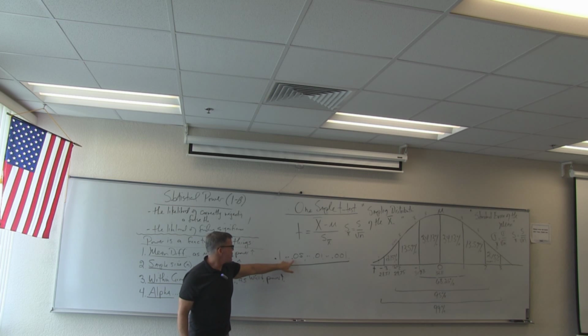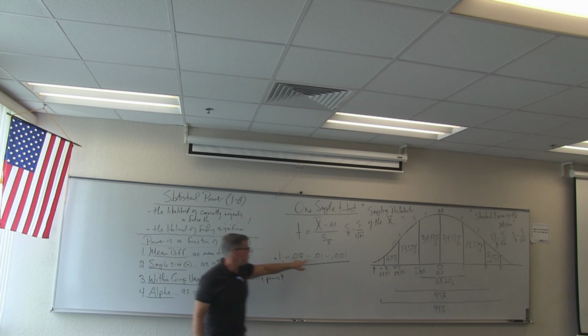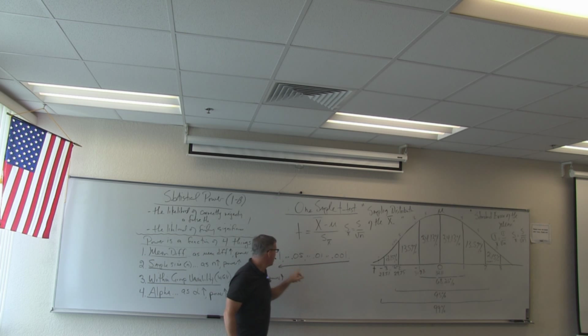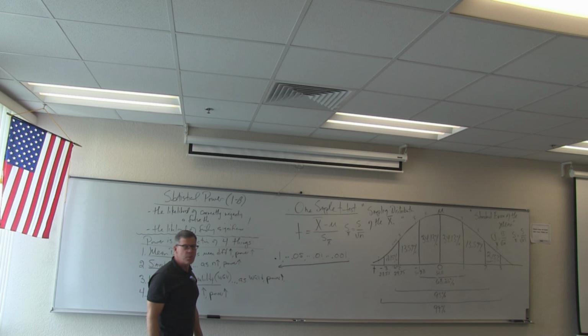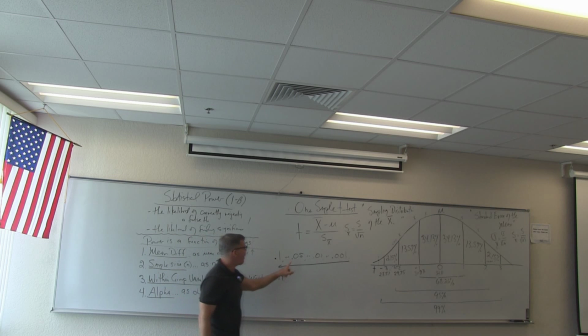So this is a larger number than this is, right? 0.05 is a larger number than 0.01. So class, tell me, where is it easier to reject the null? 0.05 or 0.01?